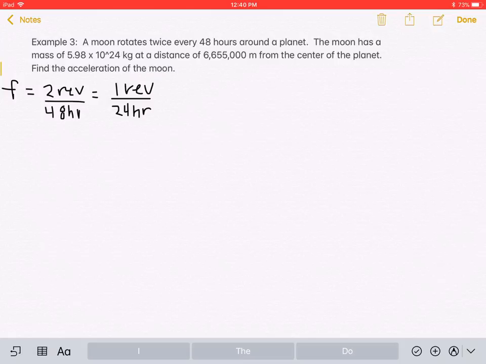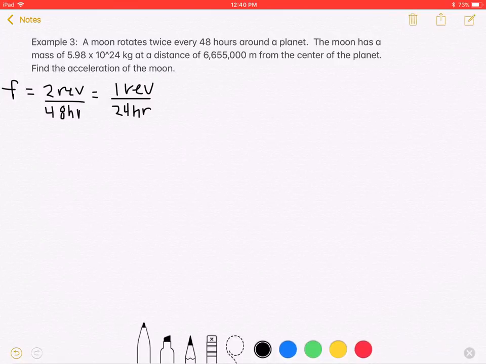Okay, so our frequency is 1 revolution per every 24 hours. We're also told that the mass of our rotating object is 5.98 times 10 to the 24th kilograms.